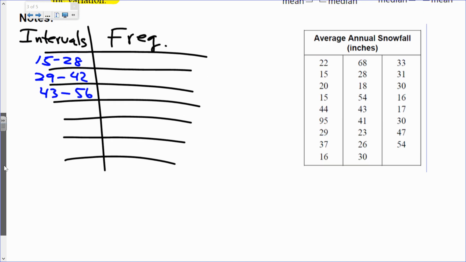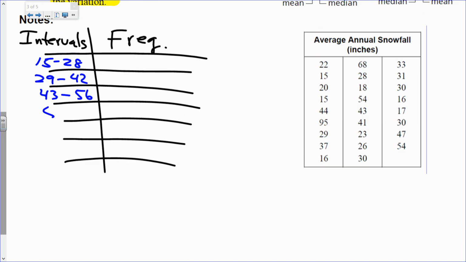All right, next one will be 57 through, what's 57 plus 13? I'm just a math teacher, how am I supposed to know that? 70. 71 through 84, yeah. 85 through 98.